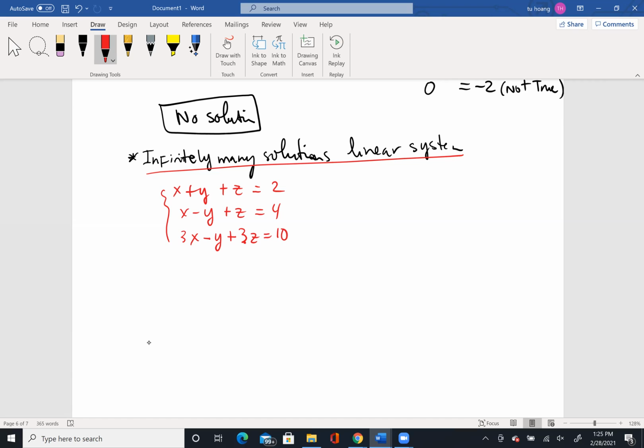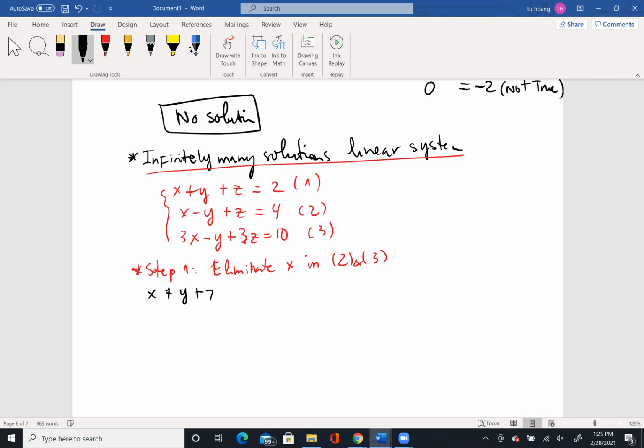Okay, so I must start with step 1: eliminate x in equation 2 and 3. There's 1, there's 2, and there's 3, right? So how can I do that? I start with equation number 1, x plus y plus z equal to 2, and here I have x minus y plus z equal to 4.